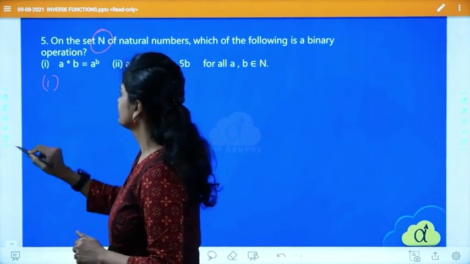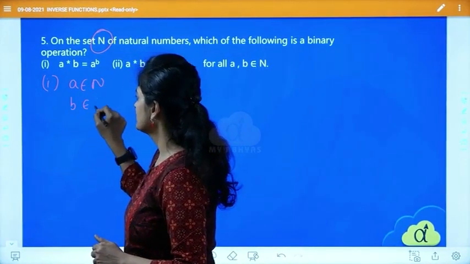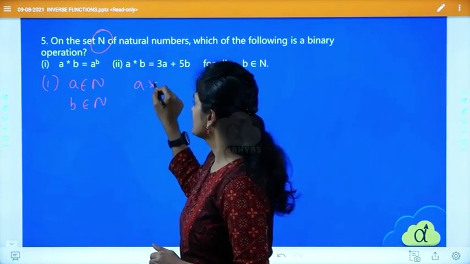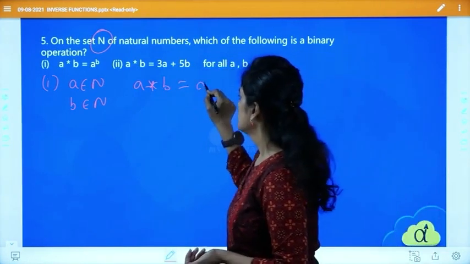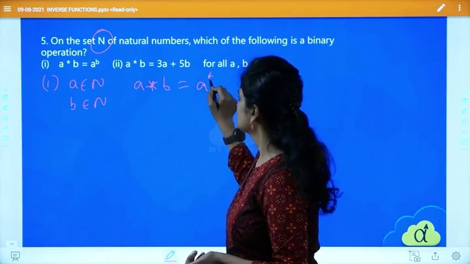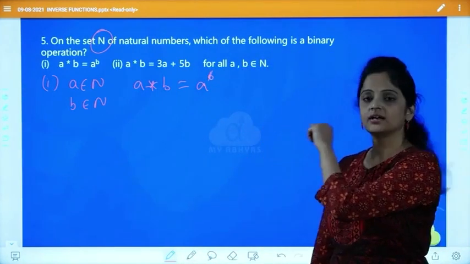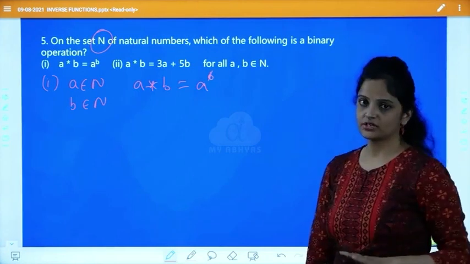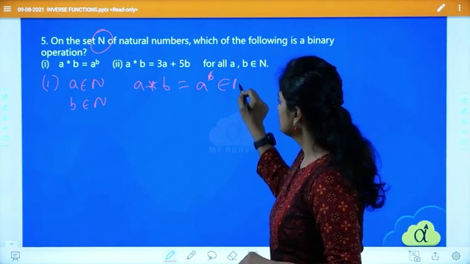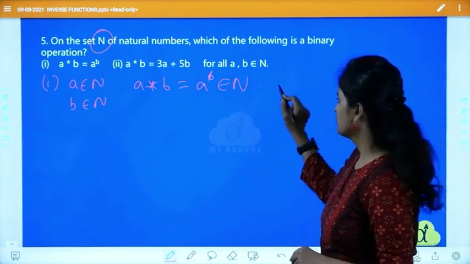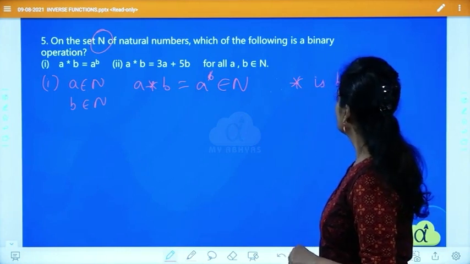If A is a natural number, B is a natural number, then A star B can be a natural number again, natural to the power of natural. If it is not a natural number, then this won't be a binary operation. That we have seen by taking 0 to the power of 0. This belongs to natural numbers. Therefore, star is a binary operation.